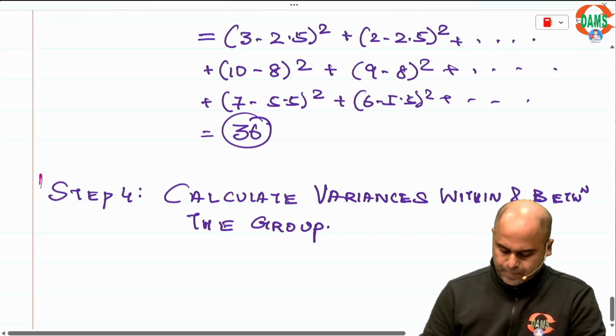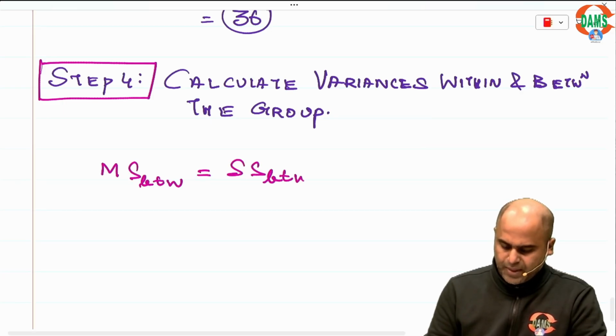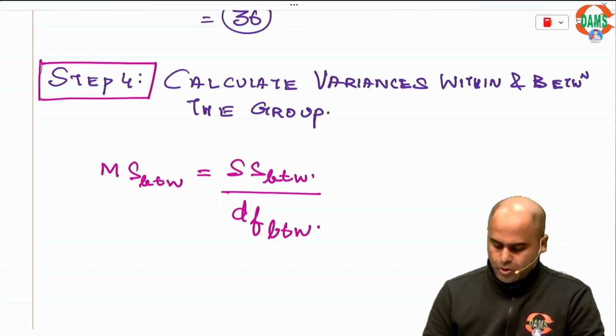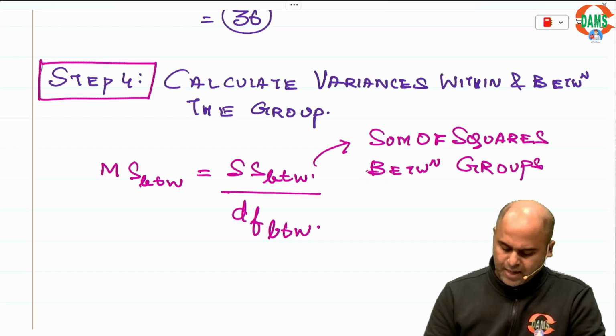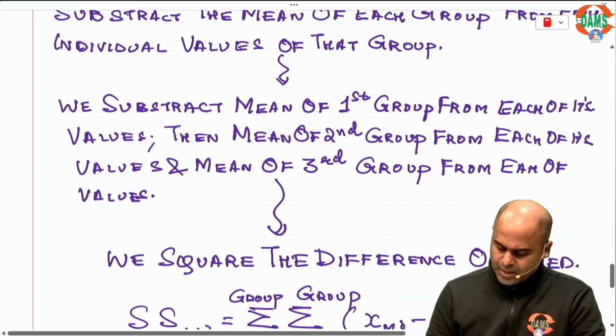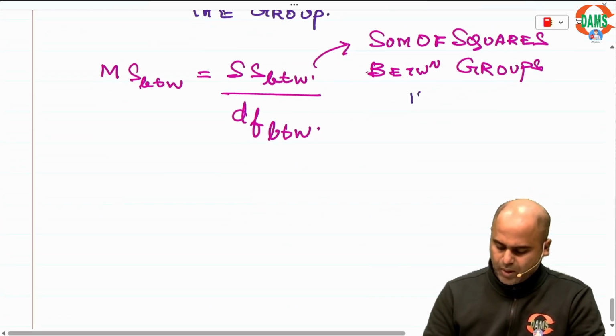This is done by taking the sum of squares between the groups divided by the degree of freedom. In this condition, we had calculated the sum of squares which had come over here as 121.3. So the value of this is 121.3, and the degree of freedom.